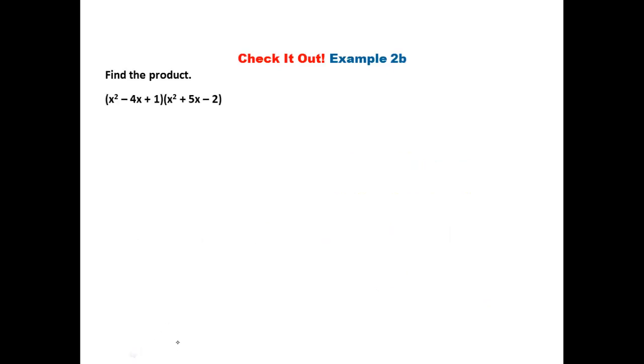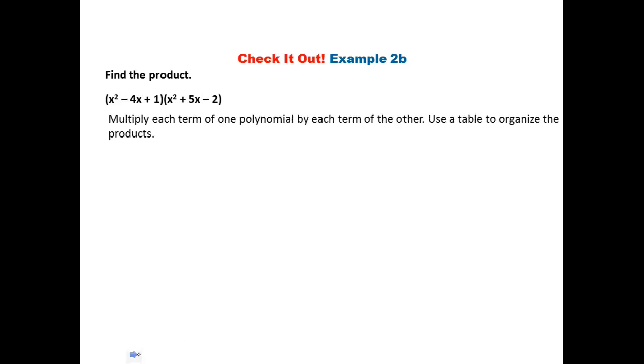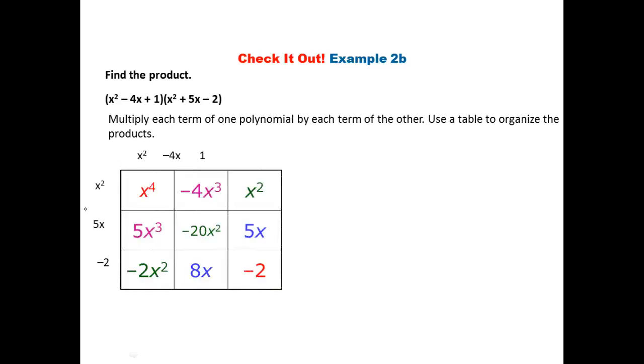Okay, let's practice another one using the box method to organize our products. Okay, so we're going to write the first one along the bottom and the second one along the top.